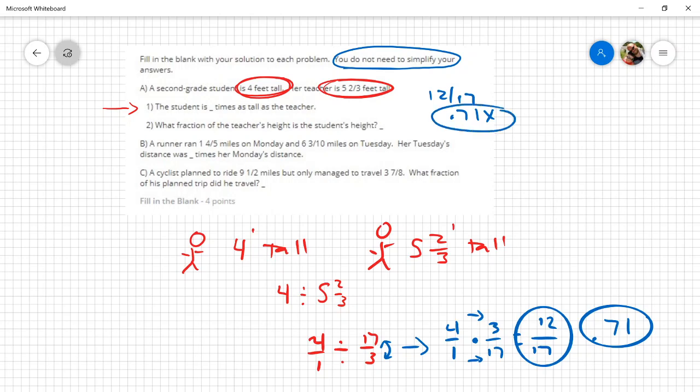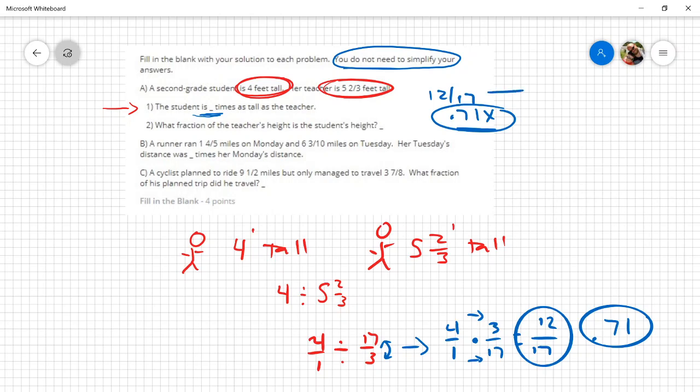So had you done it the other way, in other words, had you had 5 2/3 divided by 4, you would have come up with a much different number, which would have been over 1. My point in showing you the decimal is because the student is shorter than the teacher by 1 2/3 feet. So the answer had to be less than 1.